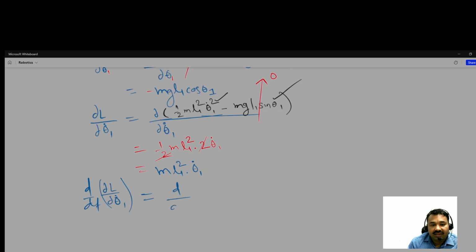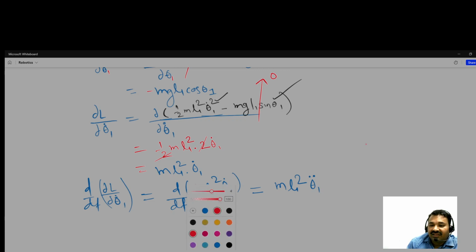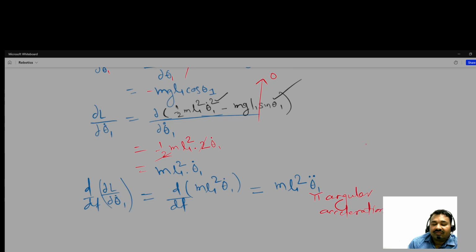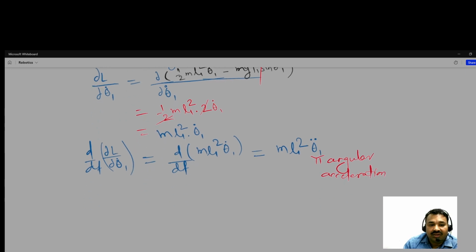So d by dt of m L1 square theta 1 dot gives m L1 square theta 1 double dot, because the velocity is there and we are differentiating with respect to time. That is why this is the angular acceleration. Okay, and now we are going to put all these.